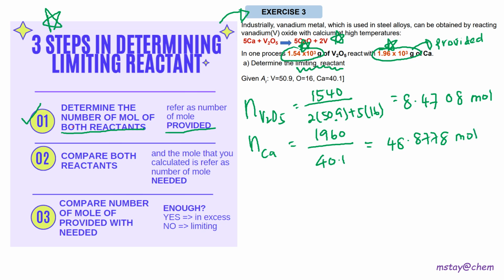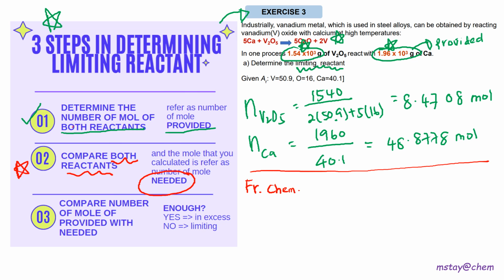So next we will go to step number 2, where we have to compare both reactants, and there is one value that you need to calculate, and the value that you calculate is considered the mole needed. So let's continue from the chemical equation. 1 mole vanadium 5 oxide reacts with 5 mole calcium.